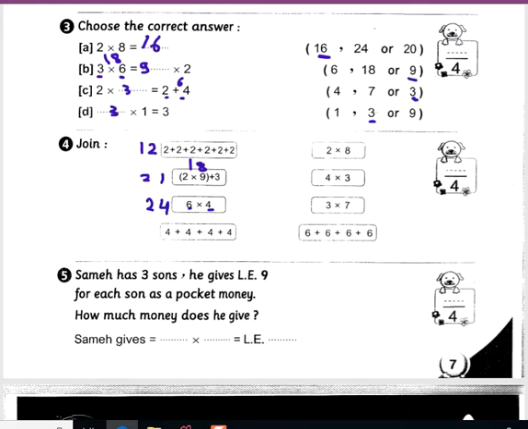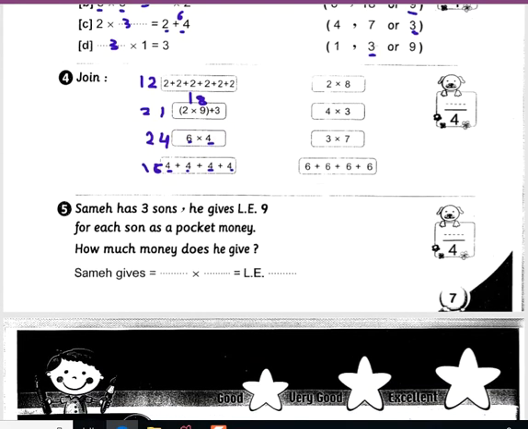Here we have 4 plus 4 plus 4 plus 4. 4 plus 4 equals 8. 8 plus 4 equals 12. 12 plus 4 equals 16. Here we have 2 times 8, meaning here 8 repeated 2 times. 8 plus 8 equals, take your time, 8 plus 8 equals 16.